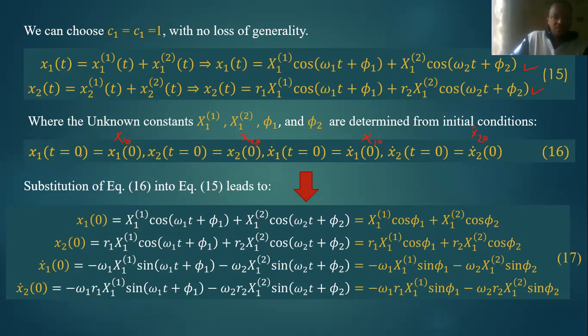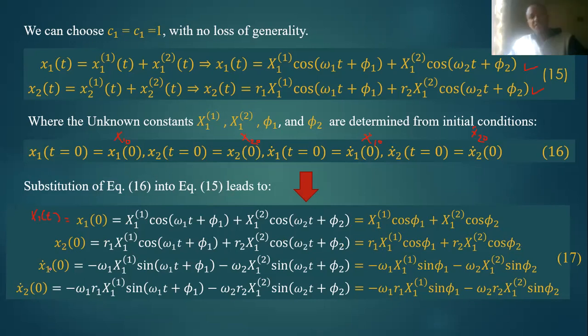Substituting into these equations, instead of t we substitute 0, so x1 of 0 gives us this equation 1. Again, the second, x2 of 0, gives us this equation when we substitute t equals 0.